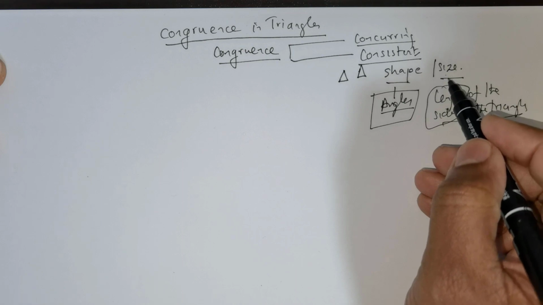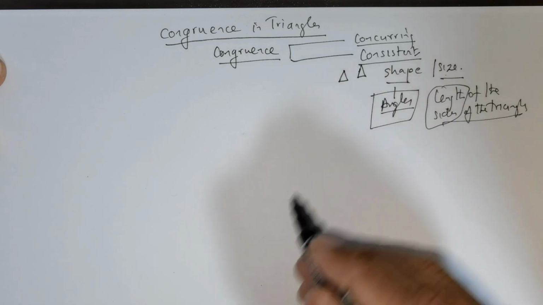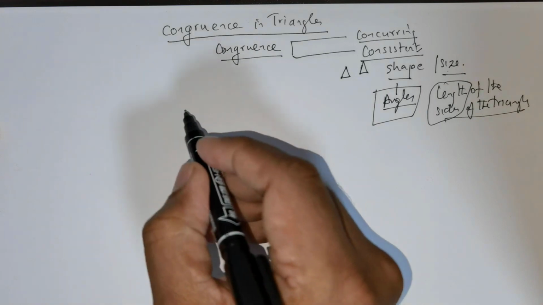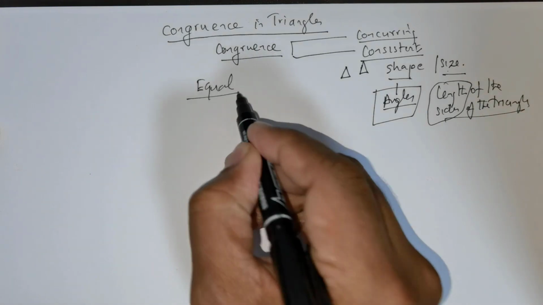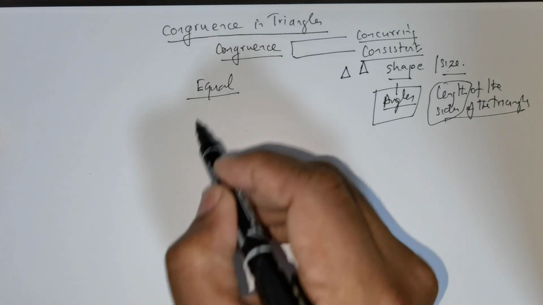So we are actually trying to locate those triangles which have the same consistent shape and the same consistent size. Now when we come to measuring the shape and the size, we use a term called equal. So this is the catch point.